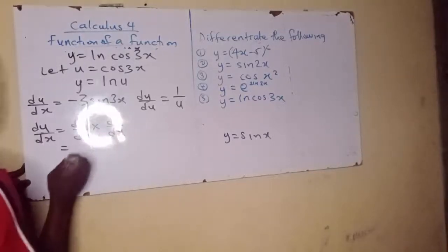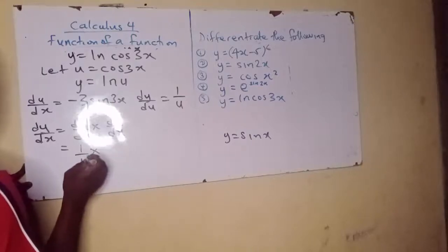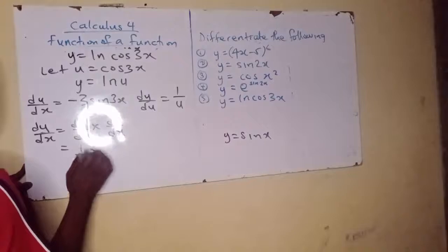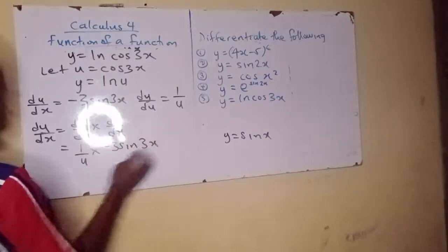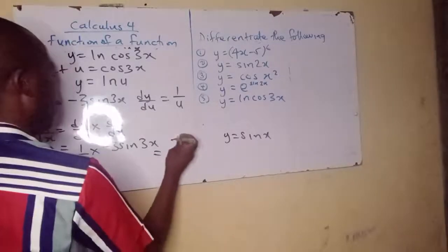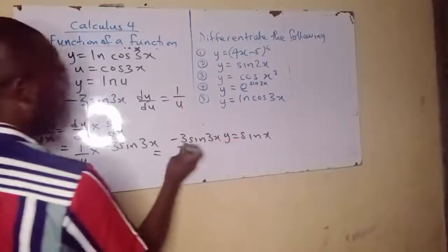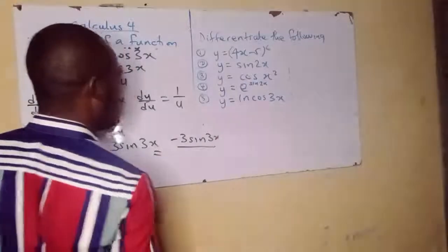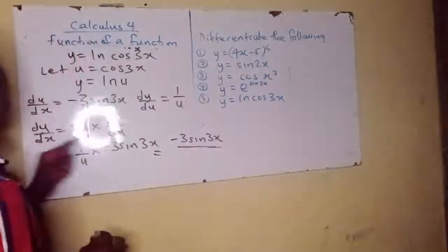Now what is my dy du? Dy du will be 1 over u. What is my du dx? Minus 3 sin 3x. So that will be 1 over u times minus 3 sin 3x, which equals minus 3 sin 3x multiplied by 1 over u. What is my u?